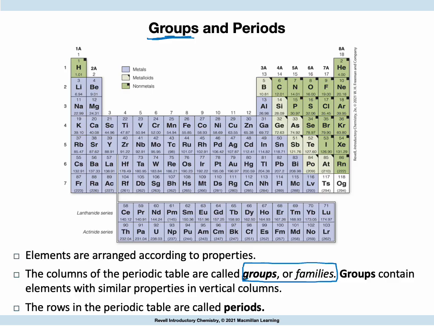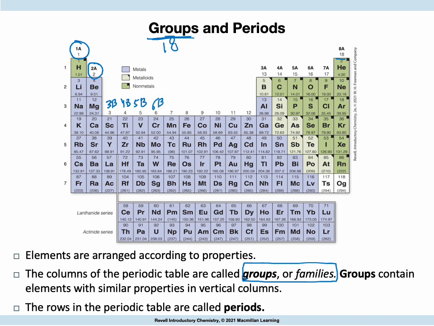For example, this is group number 1, or it's also called 1A. Group number 2 or 2A. Group number 3, 4, 5, 6, and so on. We have 18 groups in total. Some of these groups are called A. For example, this is 1A, 2A, 3A, 4A, 5A, 6A, 7A, 8A, and those in the middle are called B. So this would be 3B, 4B, 5B, 6B.